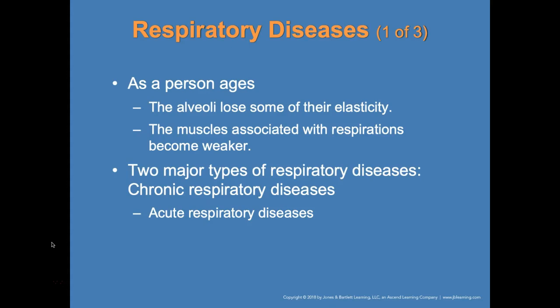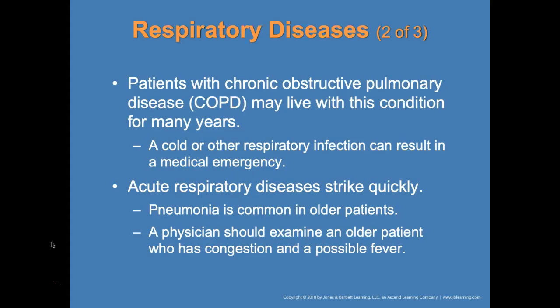Chronic diseases are going to include COPD, emphysema, CHF, those kinds of things. Acute respiratory diseases, we'll see like pneumonia, stuff like that. Patients with chronic obstructive pulmonary disease may live with this condition for many years.